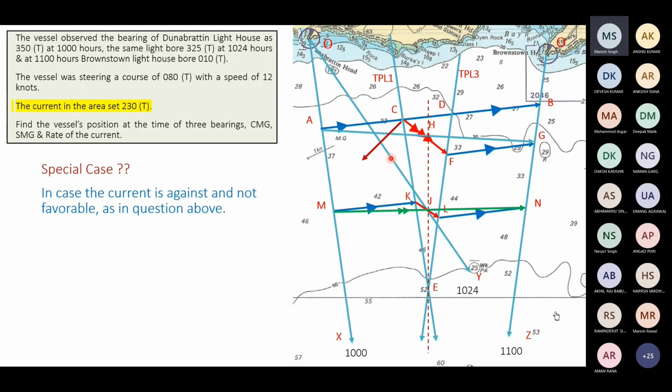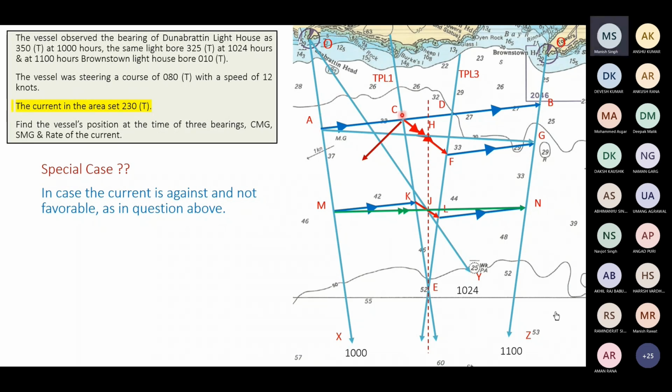Now if this is the case, when you draw this current vector from point C, it is never going to meet the TPL3. So this is where the problem arises and you may get confused how to go about solving this particular question. Now in these type of questions, what you have to do is, when you select your point A, you have to be careful.